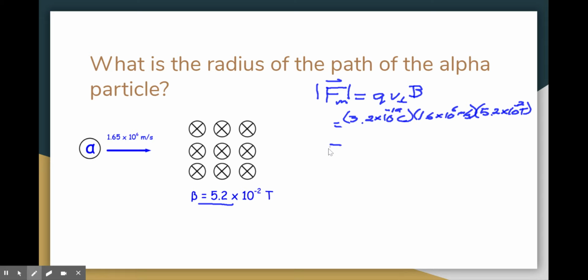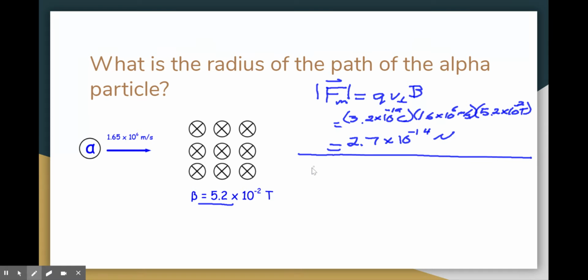So take your calculator out and prove to yourself. I get an answer, just have to round it to two significant digits, of 2.7 times 10 to the minus 14 newtons. So that's the first step in this question. That's the magnetic force acting on this thing.